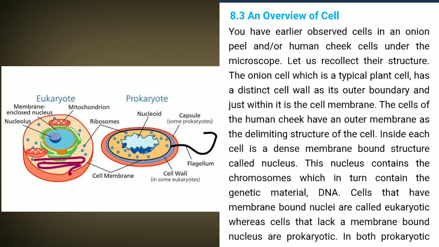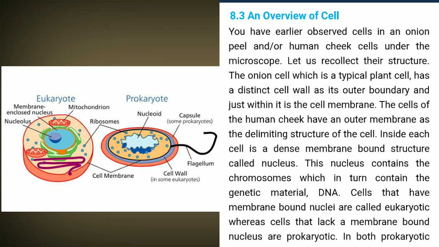That particular region within the cell that possesses this DNA or the genetic material is called the nucleoid. So though they do not have a membrane bound nucleus, they have the nucleoid. And the eukaryotic cells have a true nucleus, and hence the word eukaryotic is used there.